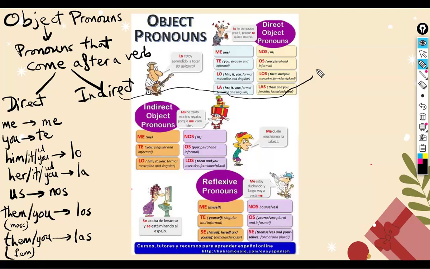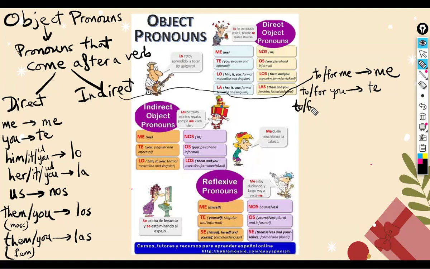But I will say to or for me is still me, right? To or for you is te. Lo, wait, sorry. To or for him, to or for you who stayed, to or for her, all of them are the same now.